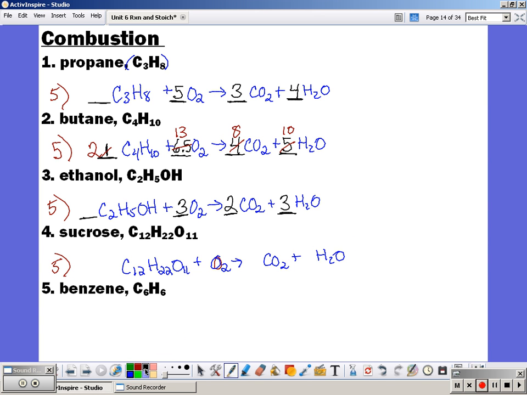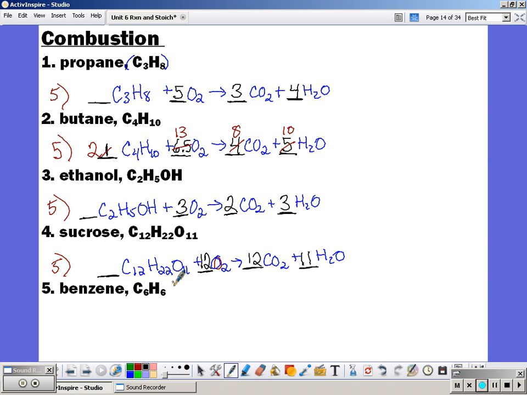Twelve carbons, 1 carbon, multiply by 12. 22 hydrogens, multiply by 11. So that gives me 35 oxygens. Because I already have 11 here, I would just need 24 more. So I can multiply by 2 and not have to put a coefficient on the first one.